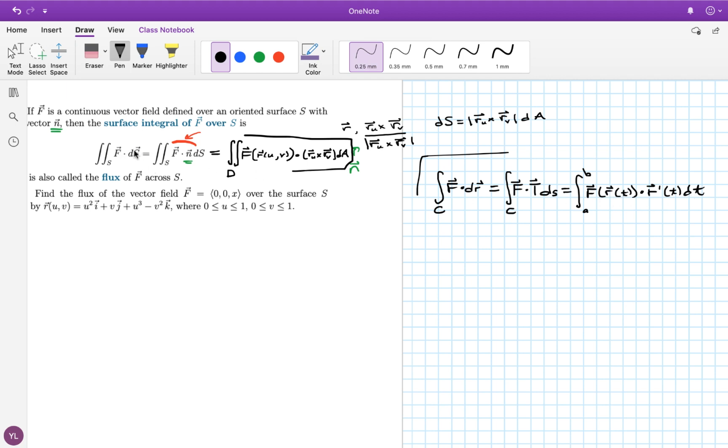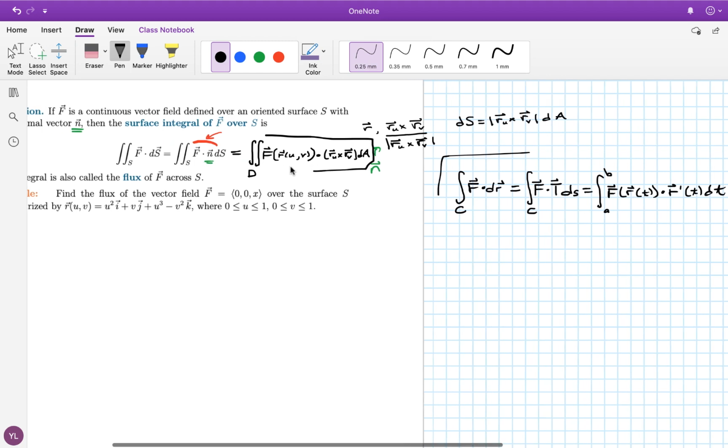It's the same thing here. If I have a notion of surface integrals of various integrand functions across surfaces, and if I have a parameterization of that surface, then I can construct that integrand using the parameterization like this. So D here is the parameter space of U and V that is tracing out the surface S through the parameterization.